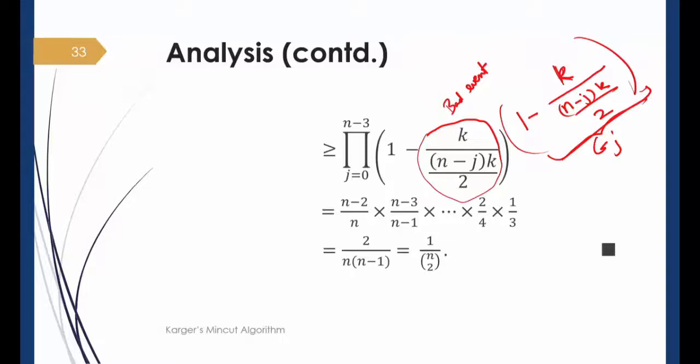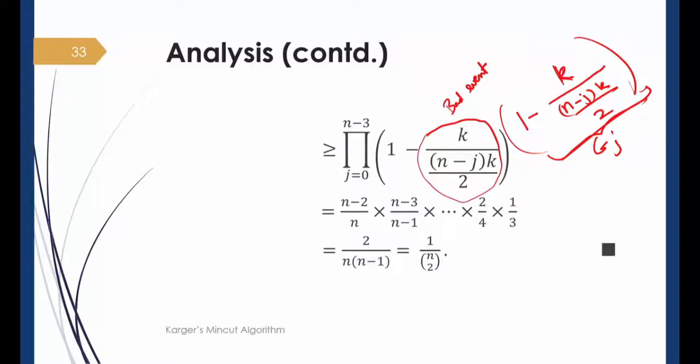Such a good event has to occur for every j, and therefore, we take a product over all j values, and this is the expression we get. Now, solving this expression, it is easy to see that each one is going to be of the form n minus 2 by n, times n minus 3 by n minus 1, and so on up to 2 by 4 times 1 by 3. Of course, there is going to be a lot of cancellations.